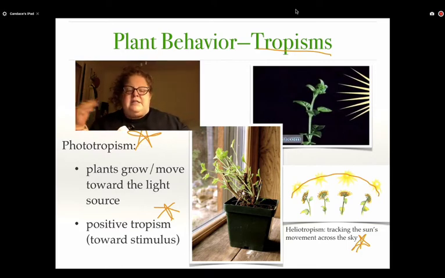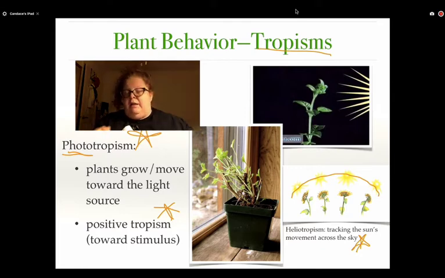It's a similar idea as phototropism, but it's more movement instead of growth. And it's worth pointing out that this prefix photo, remember, is also in the word photosynthesis because it means light. It doesn't mean picture. It means light. So photosynthesis is to make with light, phototropism is to move with light. So that's our first tropism.